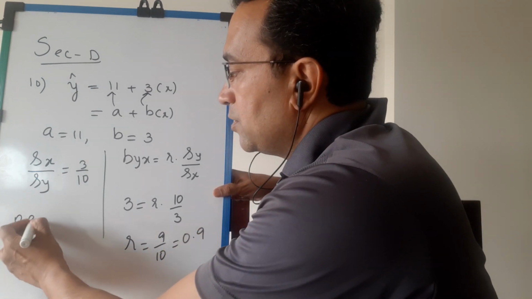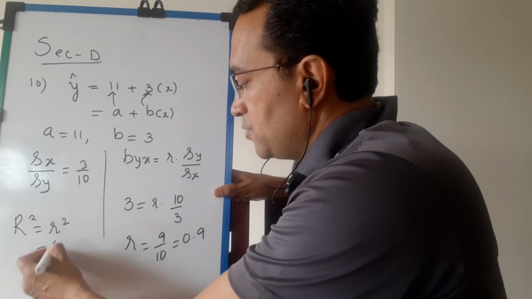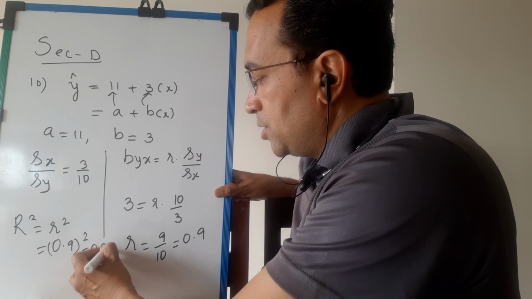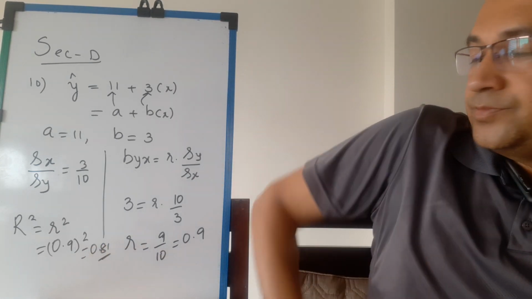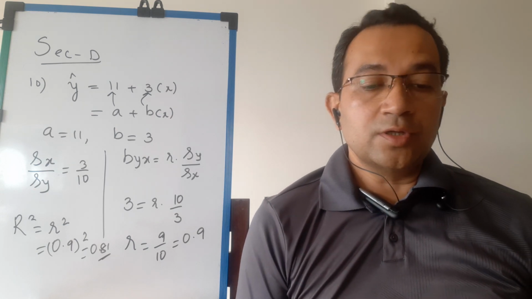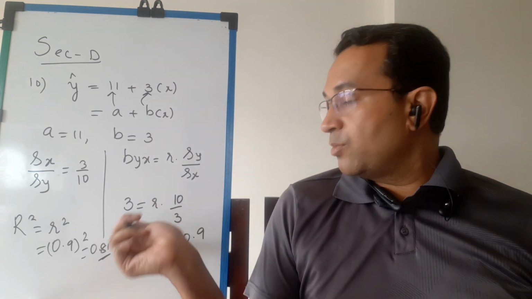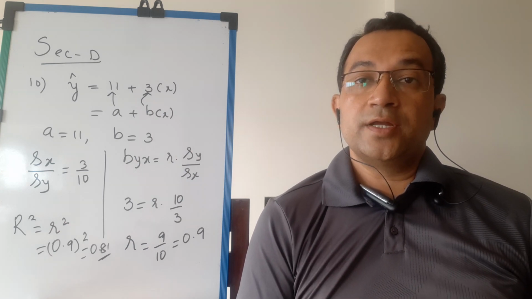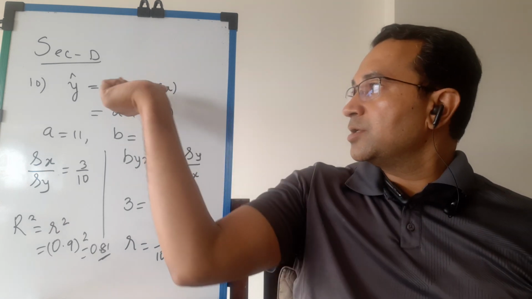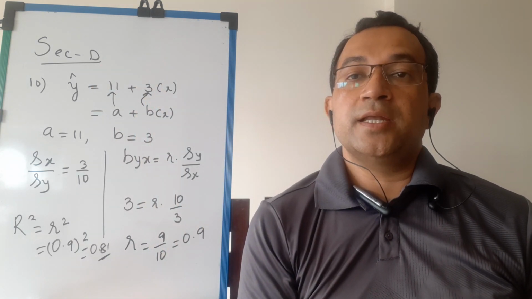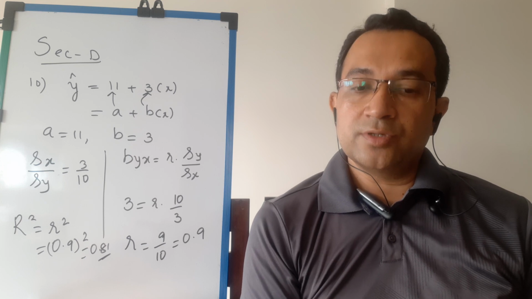So coefficient of determination will be r square, 0.9 square, and that is nothing but 0.81. So we have found out the coefficient of determination, and this value 0.81 is close to 1. So the assumption of linearity of regression is valid, meaning this regression line is valid, and hence the estimates obtained from regression line are reliable. That's all, students.